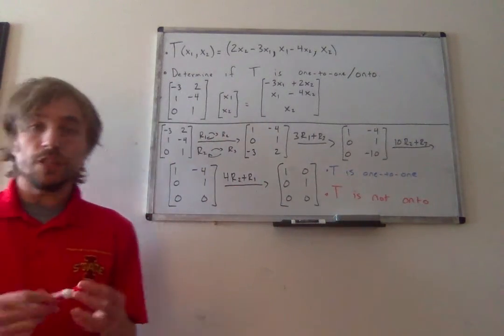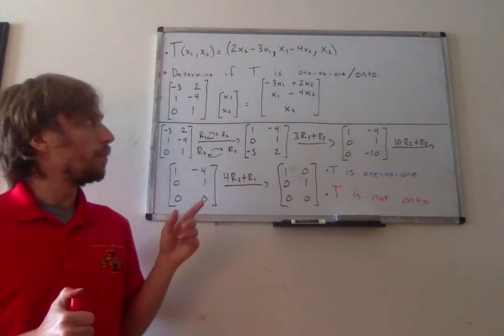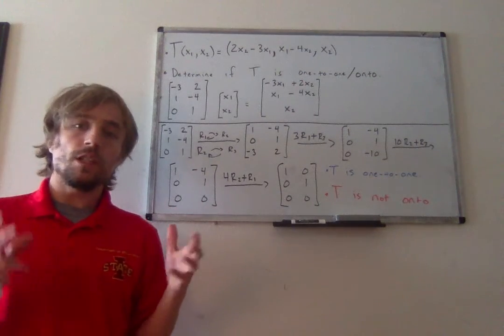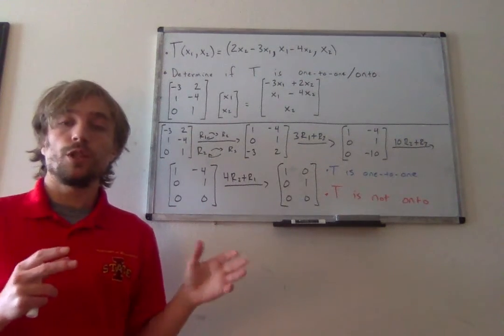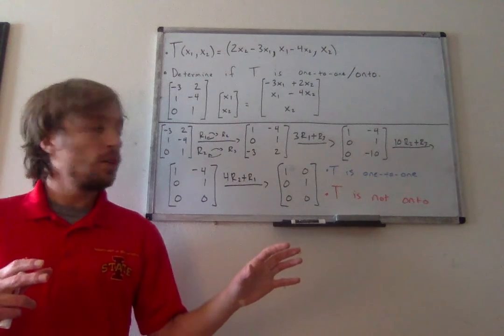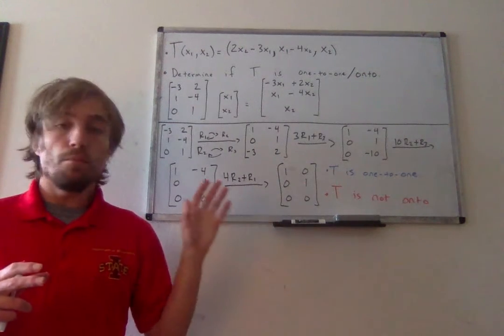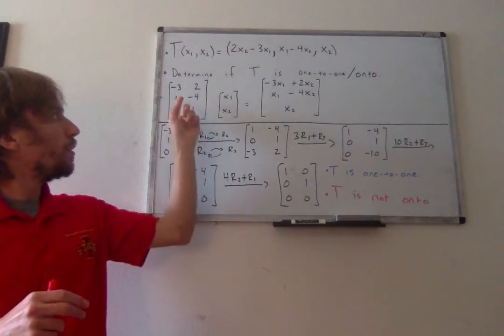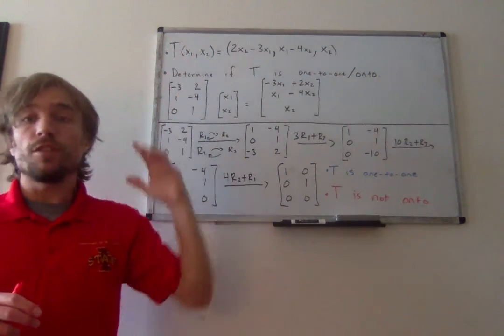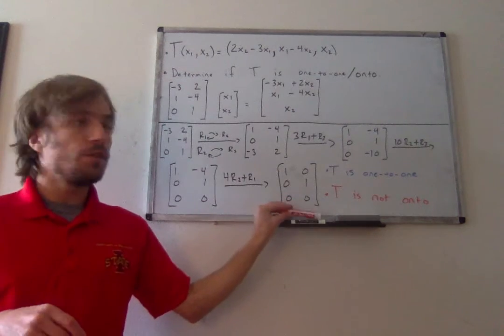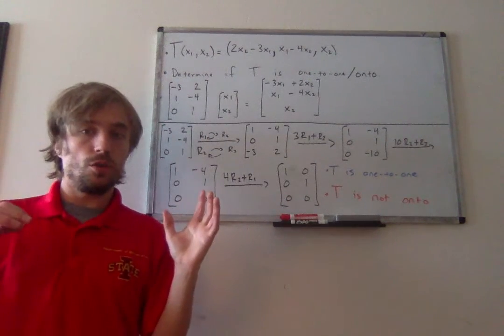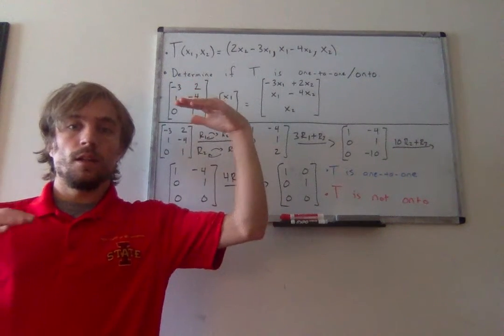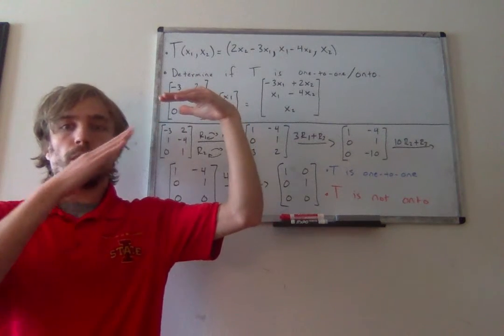An interesting trick you can use: you could have determined that this linear transformation was not onto from the moment you looked at the matrix. The way we've defined this transformation, it goes from R2 to R3.